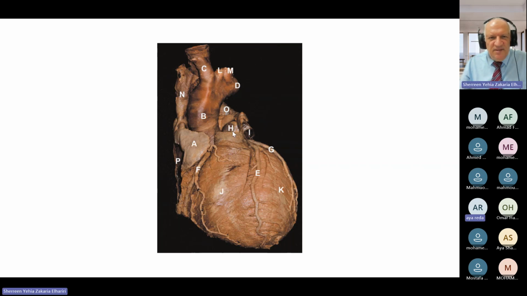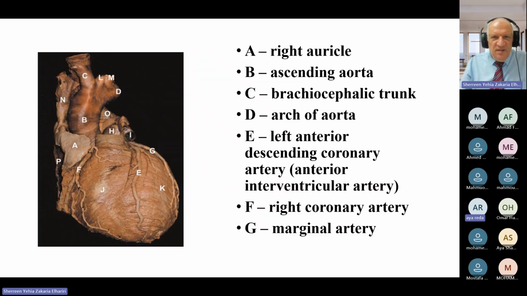Okay, and what is N? N, superior vena cava. Okay, just to show the picture. So R, as you mentioned, is right auricle. B is ascending aorta. You are correct. And C is brachiocephalic. D is the arch of aorta. So sorry.